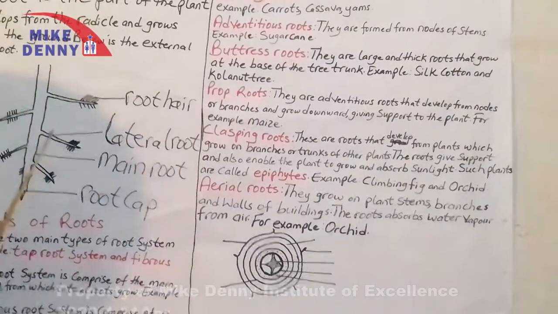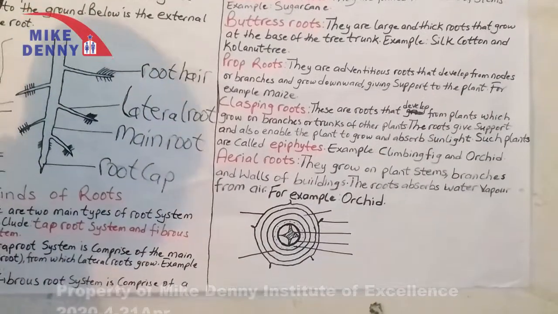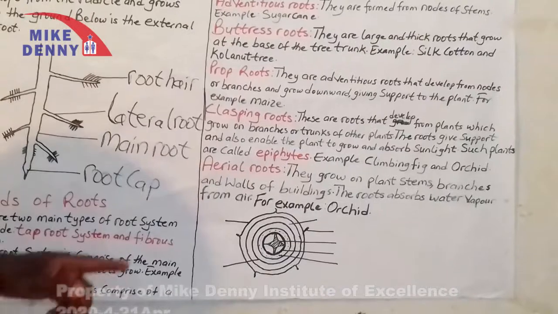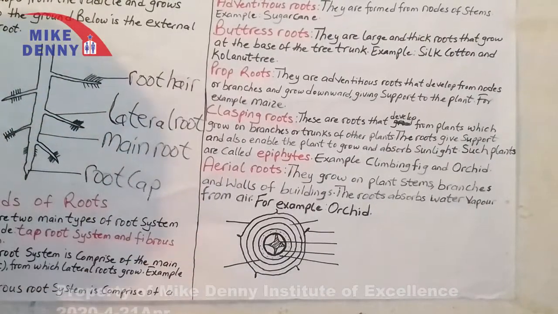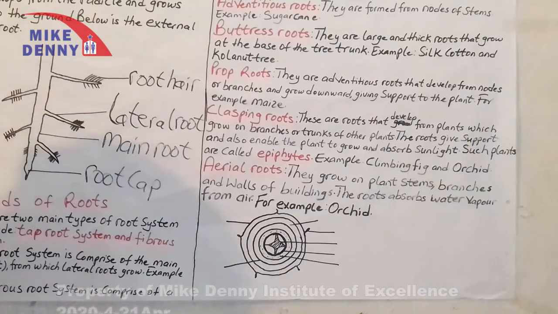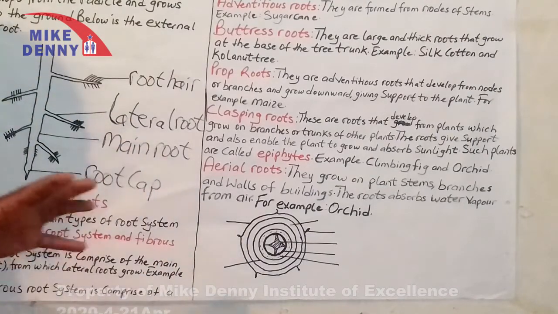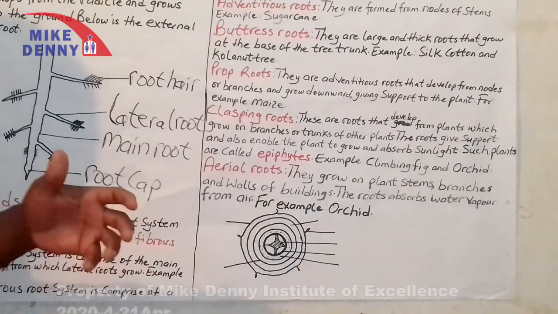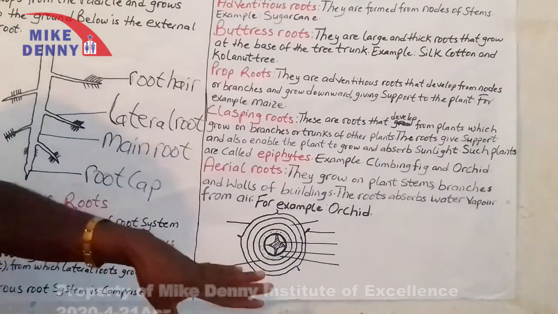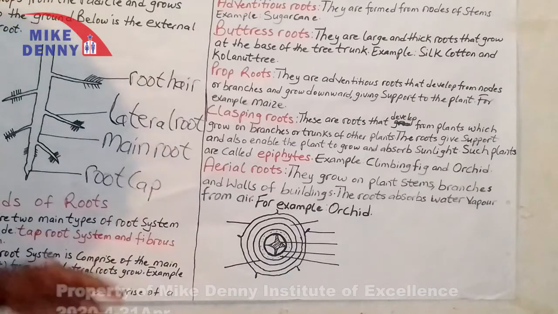Then we'll be having the structure of the root. We'll try to find out the structure of the root and then to distinguish the structure of this root. From this, we're able to make a difference between the dicot root and the monocot root. And I want to ask this question: which type of root is this from what we mentioned?